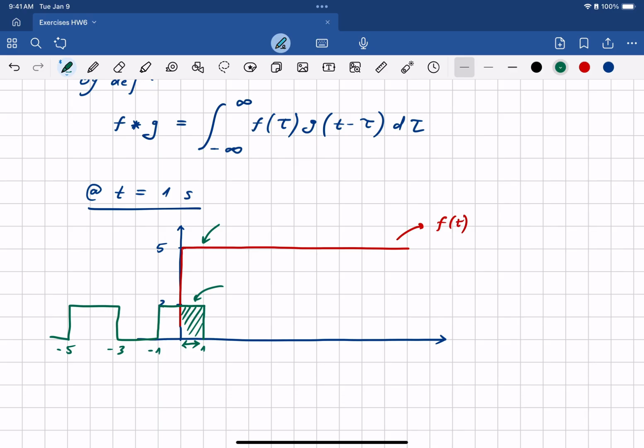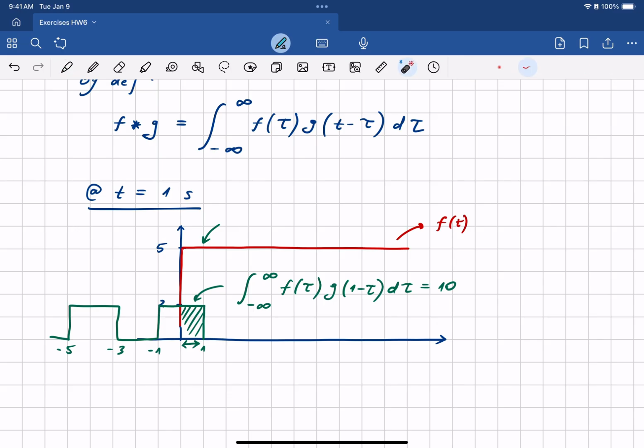So the multiplication in this case is gonna give us, let's be very concise. If we apply the definition, f of tau g of t equals 1, so 1 minus tau d tau, in this case is going to give us 10, right?